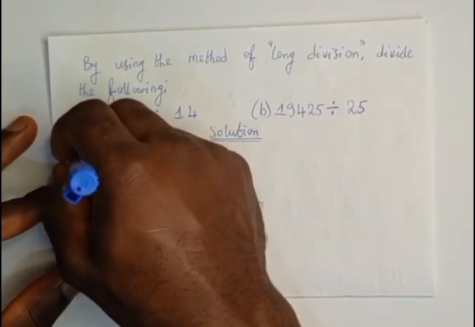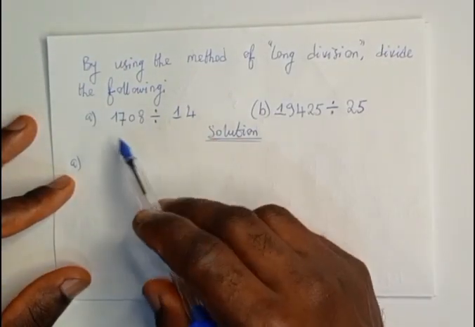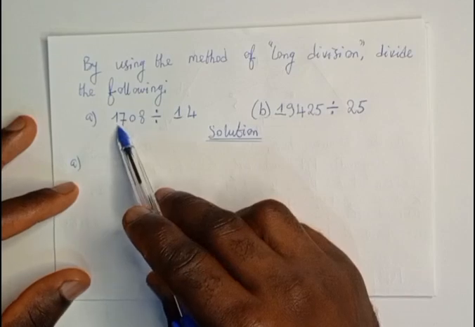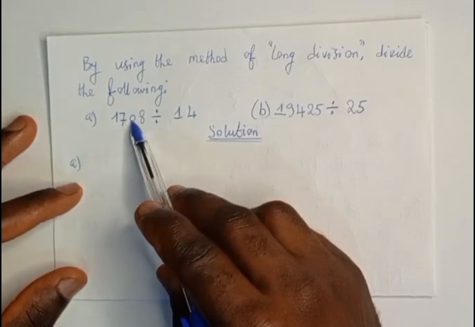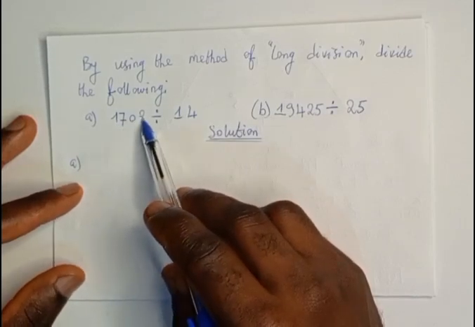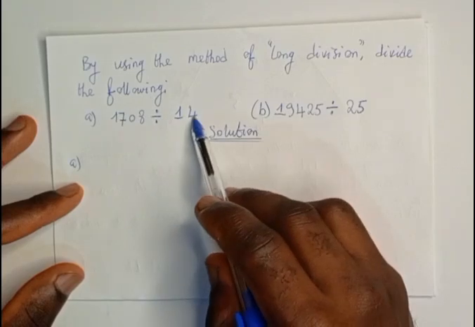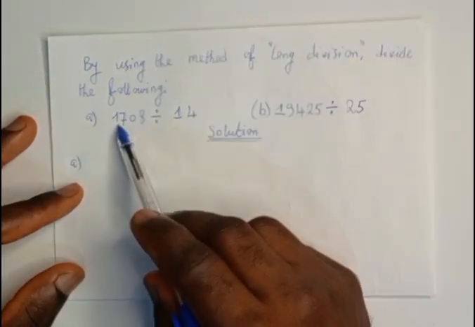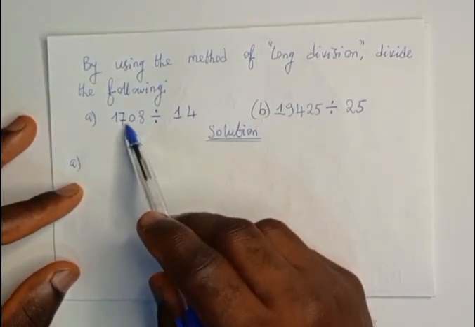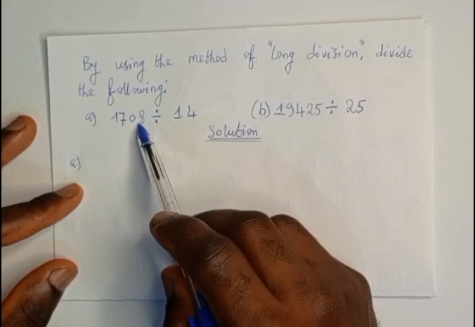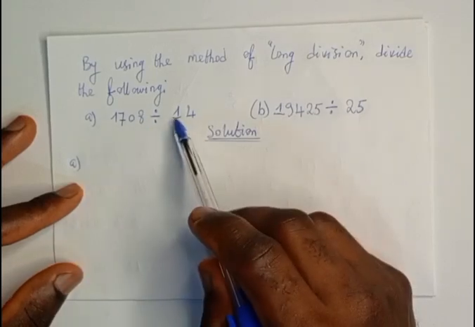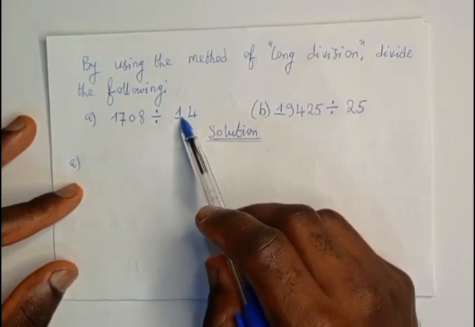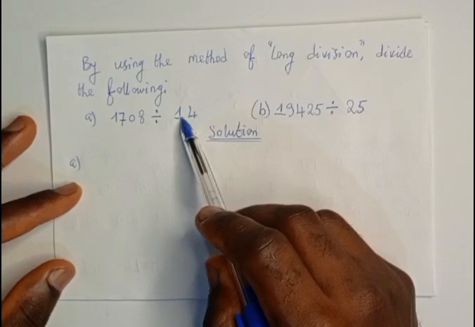For question A, in the division 1708 by 14, the number 1708 is the dividend, while 14 is the divisor.